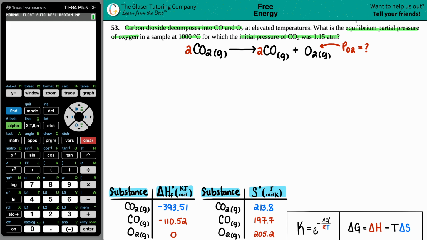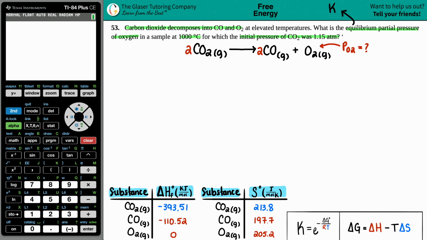But now we're dealing with equilibrium values, right? And if we're trying to solve for an actual pressure, chances are we need to find out what that K value is, right? What's the equilibrium constant that goes with this equation at the certain temperature? Only once we find out what that equilibrium constant is can we find out the pressure, because then we can write that expression. But they didn't give it to me.